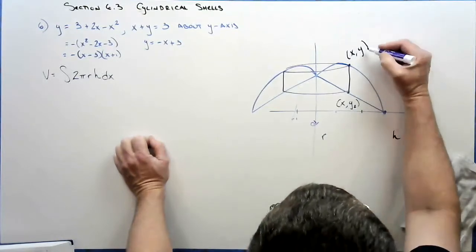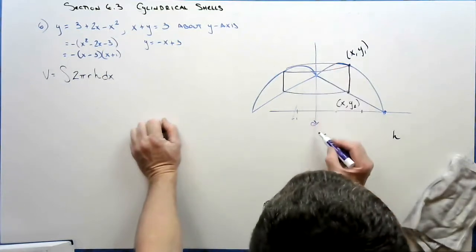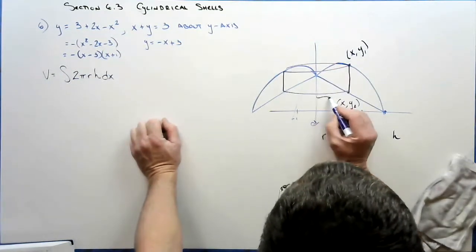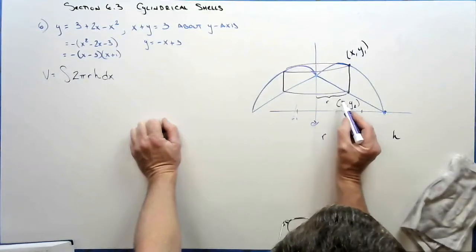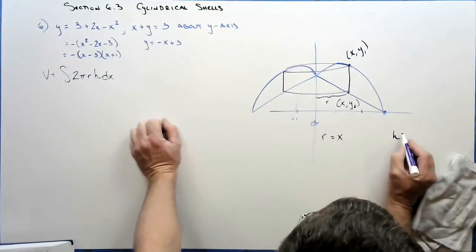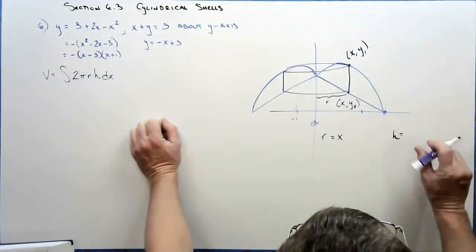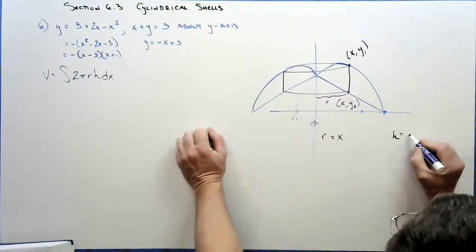So we'll call this y sub 2, we'll call this y sub 1. Our radius here, this is our axis of revolution, so our radius goes from here to here. That's going to be r. And so that's just using our Cartesian plane. That's just x. So r is going to equal x. Our height, however, is going to be y sub 1, the height, minus y sub 2.